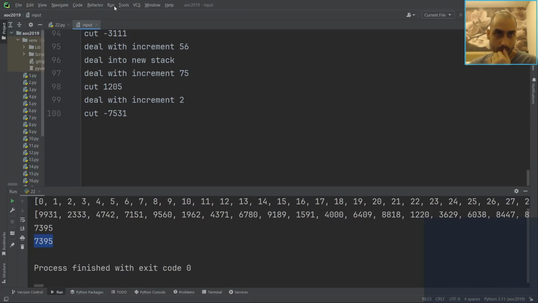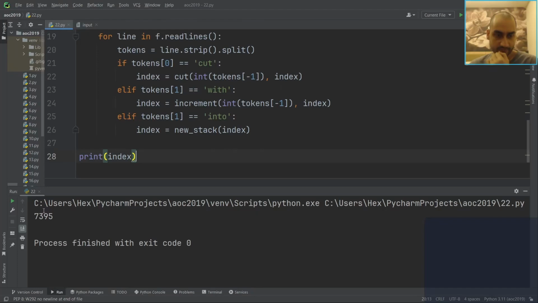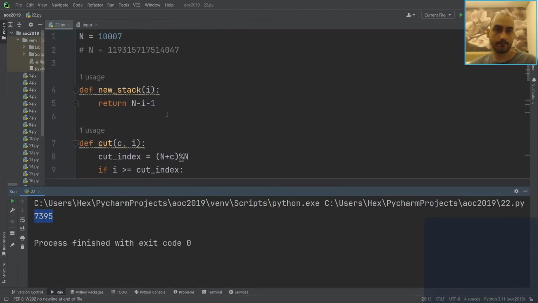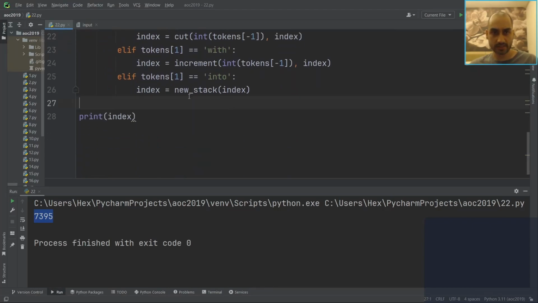So 7395. So for this big old number, we can work out where 2020 ends up after 1 shuffle. And there's no reason it would take any longer, right? There, that's where it should end up after 1 shuffle.